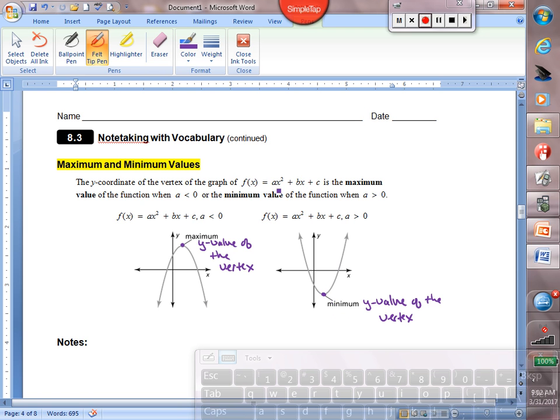Remember, when your a value, that number in front of the squared term, is less than 0, which means it's negative, that causes a reflection, which causes our graph to open down, which would mean a maximum. When your a value is positive, our graph does not reflect, so it opens up, and that would result in a minimum value.